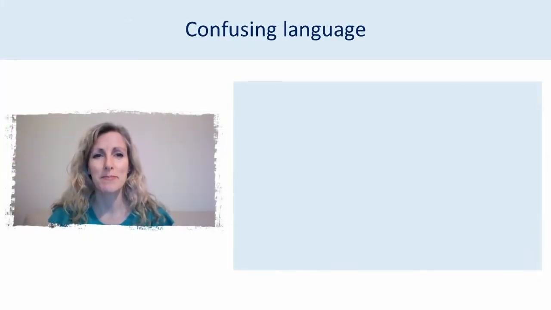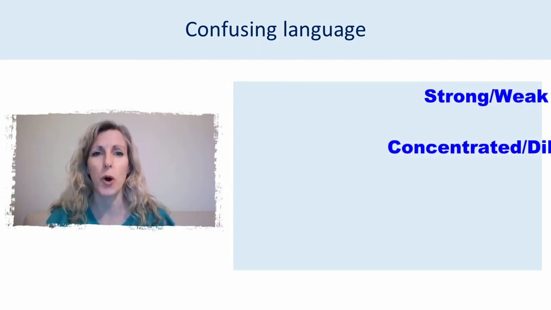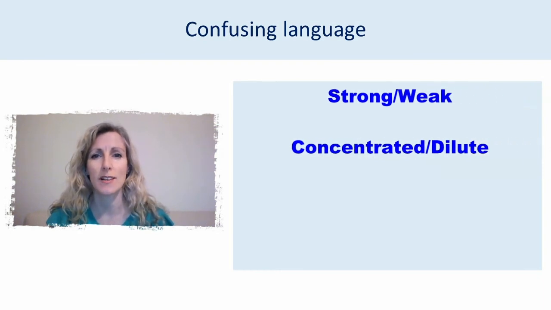Confusing language. The classic confusion regarding acids and bases is to mix up the terms strong and weak with concentrated and dilute. They have entirely different meanings in this context. Strong or weak refers to the degree of dissociation, while concentration is a measure of the amount of solute in a solvent. Perhaps our own everyday language can share the blame for interchanging these words.